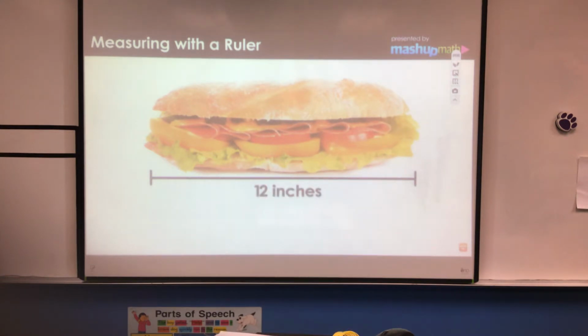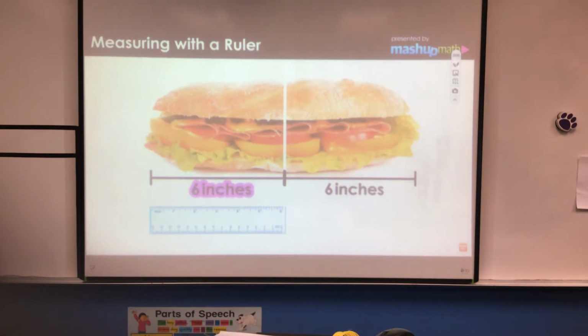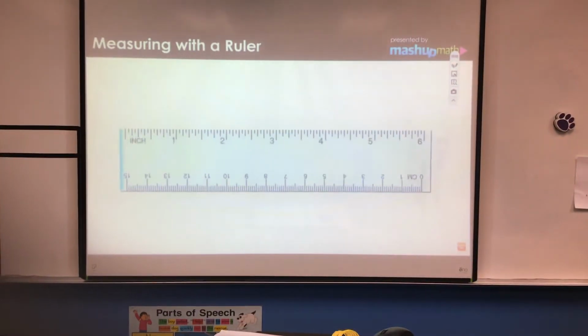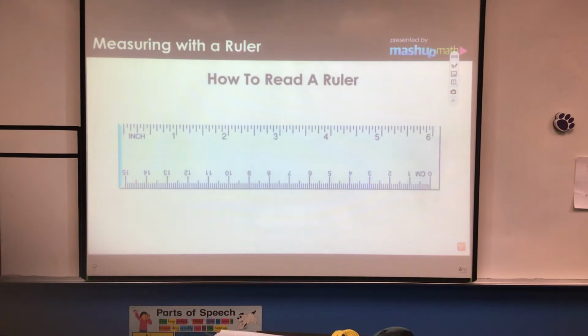They are two different units of measurement. And if we cut this sandwich directly down the middle in half, we know that each half would be 6 inches long. And for this lesson, we are going to explore using a ruler that has that same length of 6 inches. And we're going to take a look at what the symbols and markings on the ruler mean and how we can use them to measure different sized objects.